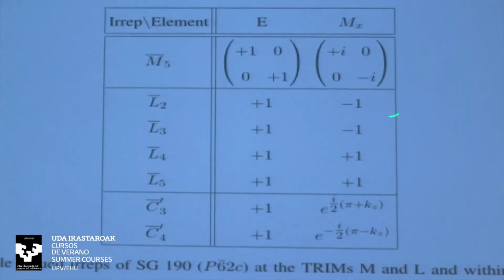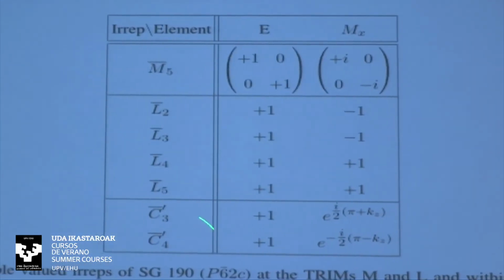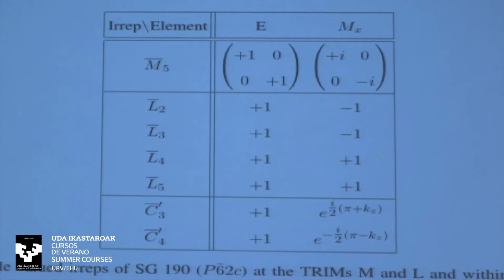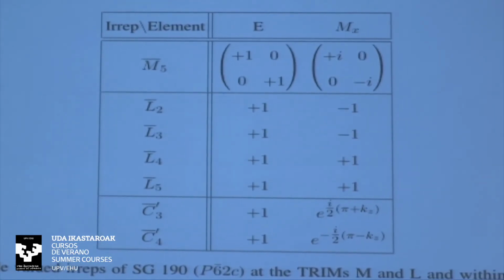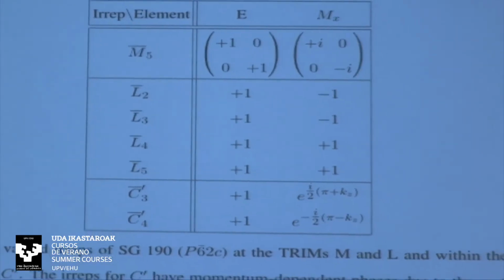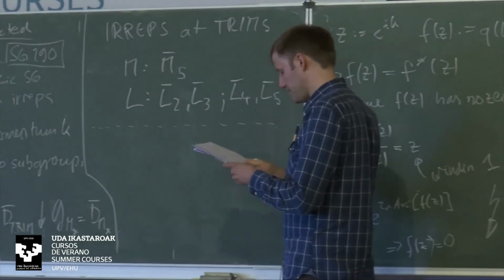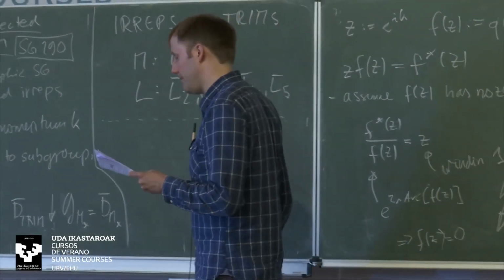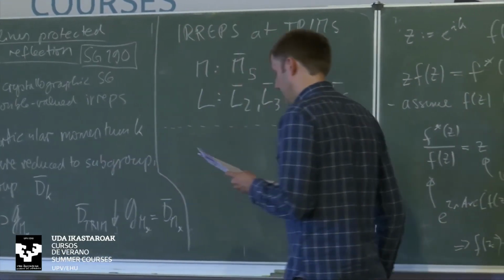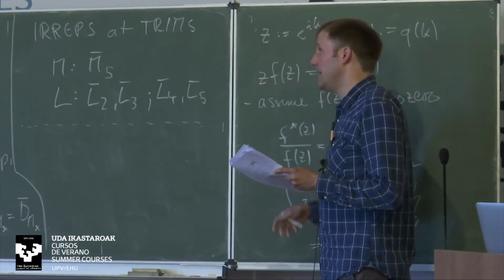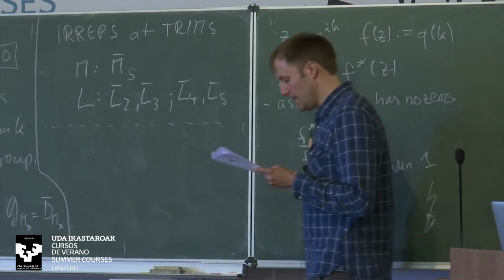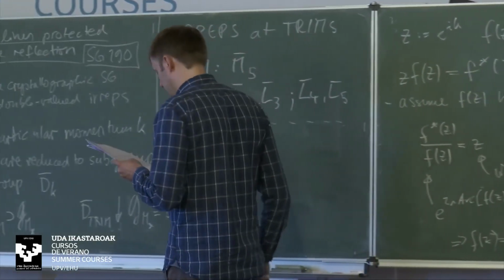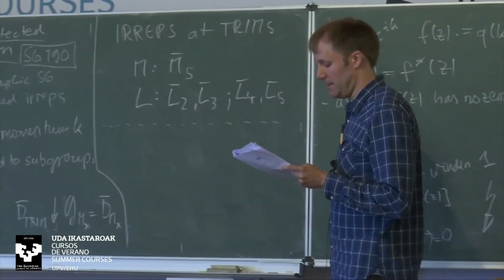How do these irreps split up into two irreps of this type? This is done by considering a small perturbation away from this high symmetry point, and then I'll see how I can do the splitting such that I get these irreps as in this table.